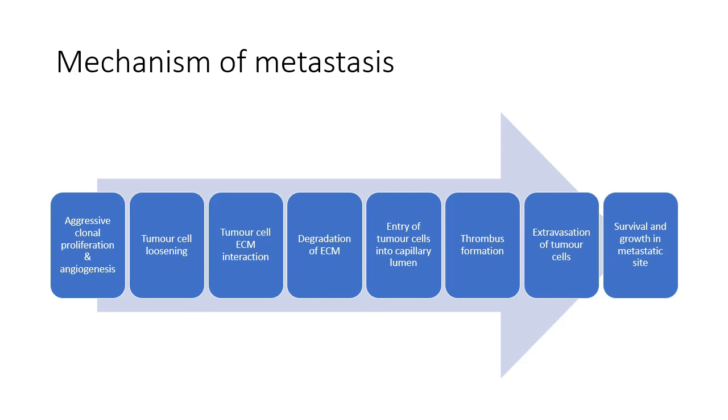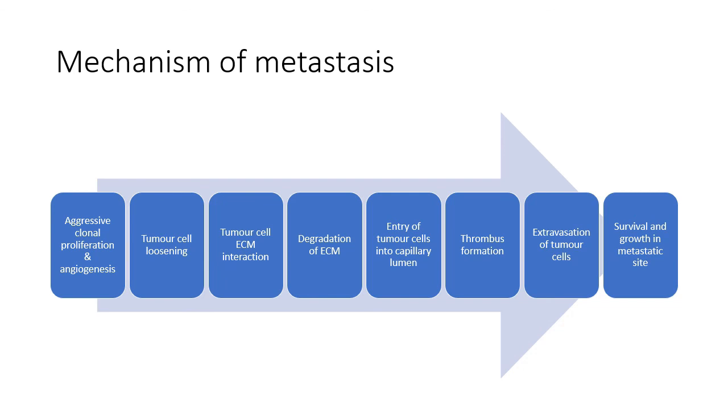With the degradation of extracellular matrix, the entry of tumor cells into the capillary lumen takes place, and once they are inside, they are covered with constituents of circulating blood, forming a thrombus. This covering provides nourishment and also protects them from immune attack.